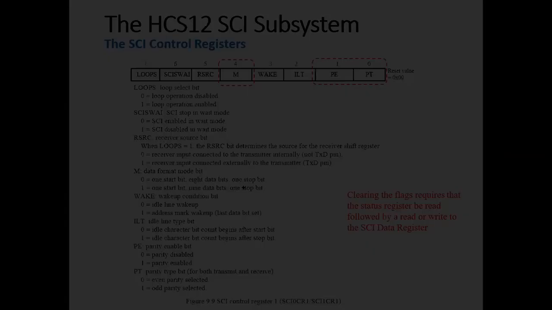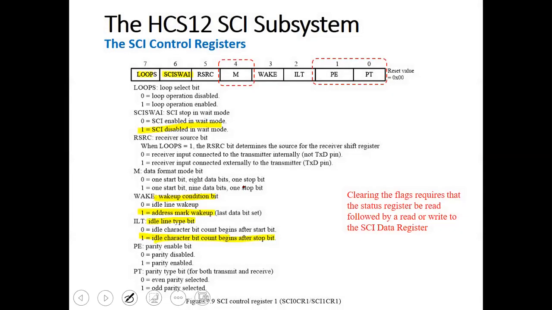If you remember, clearing the flags requires a certain operation. For the A to D, we needed to write 1 to the flag in order to clear it. Here it says clearing the flags requires that the status register be read, followed by a read or write to the SCI data register.